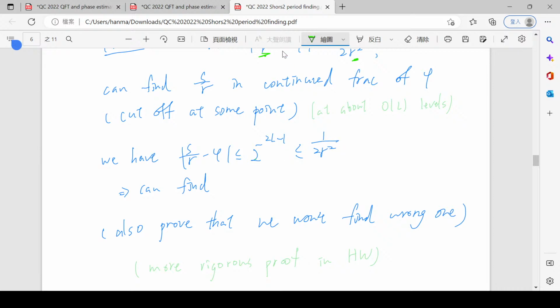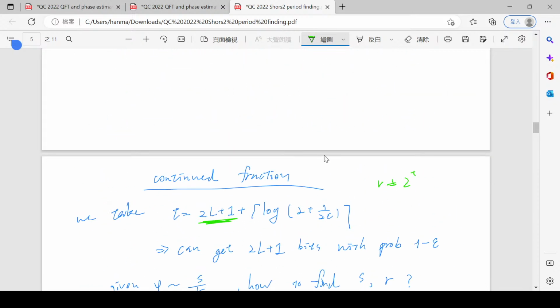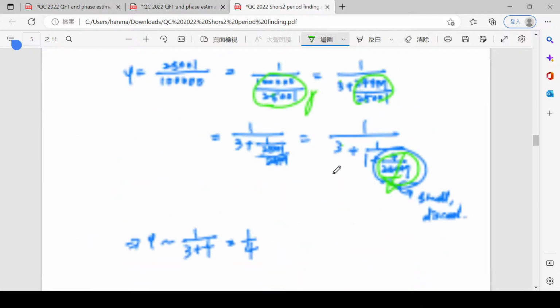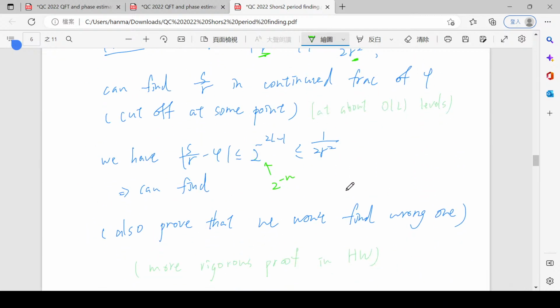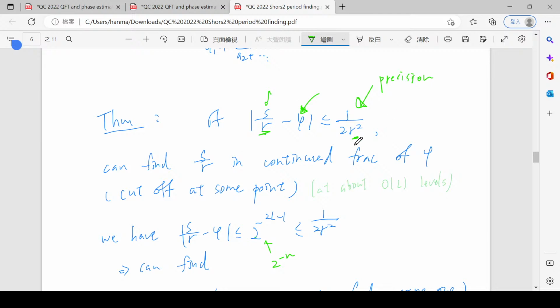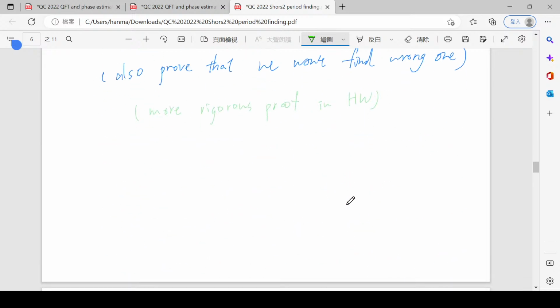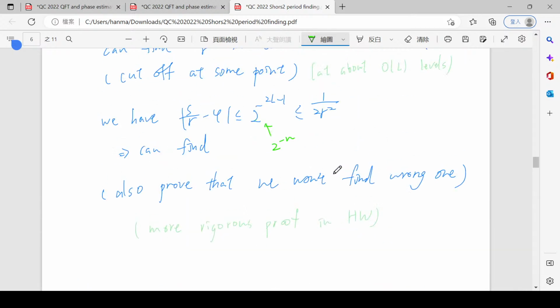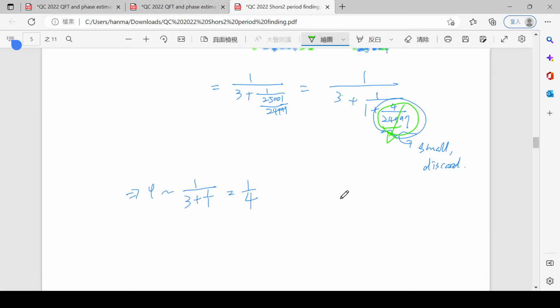Okay, let's write this once again. 2 to the minus n. In terms of what we have, this chapter is n. Okay, and I think we'll have a proof of this theorem in homework. So yeah, you can expect that. Question on the continued fraction algorithm?